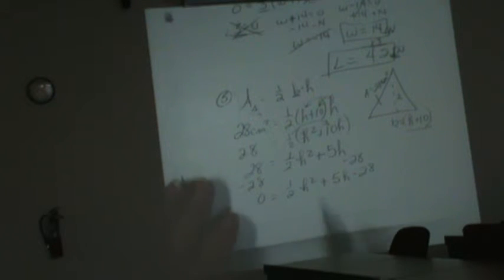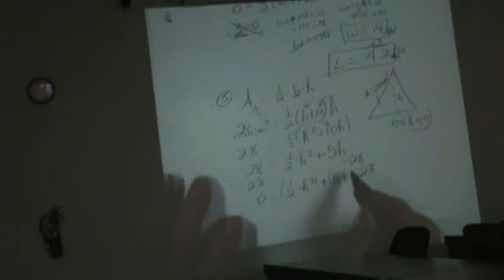Okay, we do not like the 1/2 there. If you multiply by 2, it could turn the 1/2 into 1, and then this will be factorable, you'll have the h squared by itself. So let's multiply everything by 2.